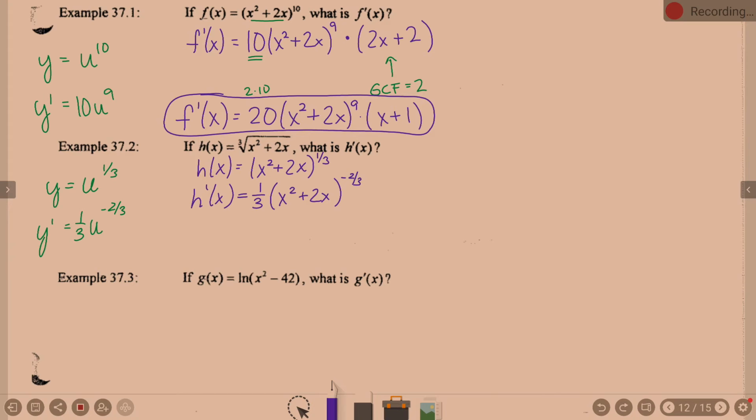Am I done, though? No, we did derivative of the outside, leaving the inside the same, and now we're going to say times derivative of the inside. What's derivative of x squared plus 2x? 2x plus 2. Sounds a little familiar there, doesn't it?